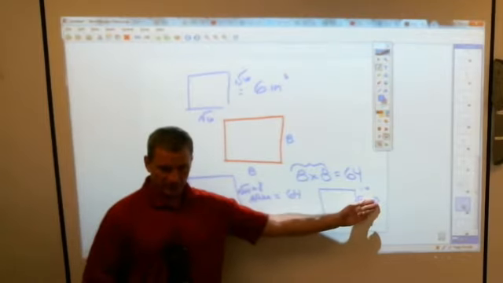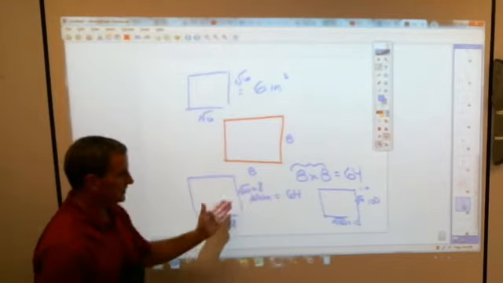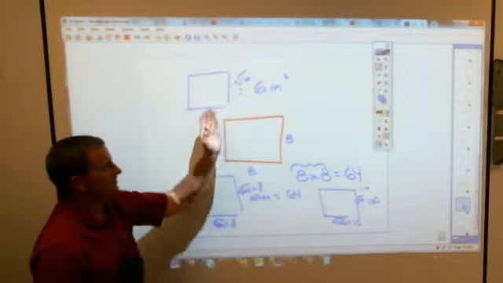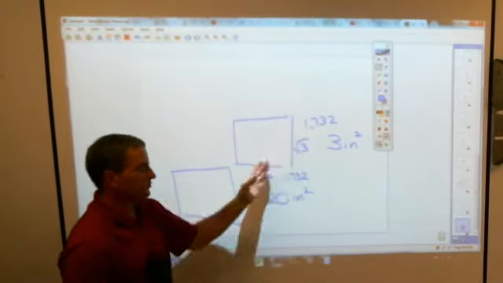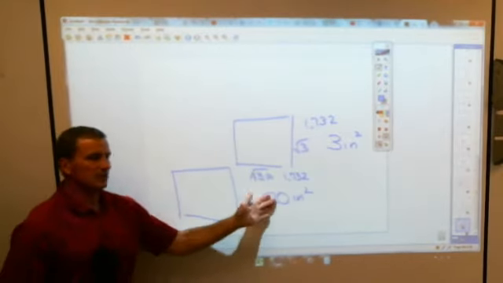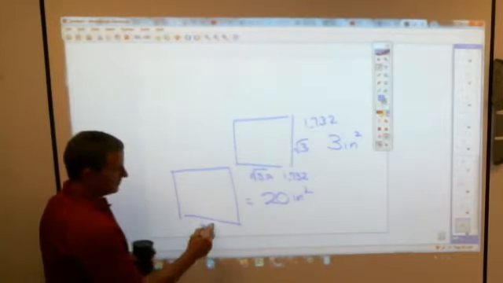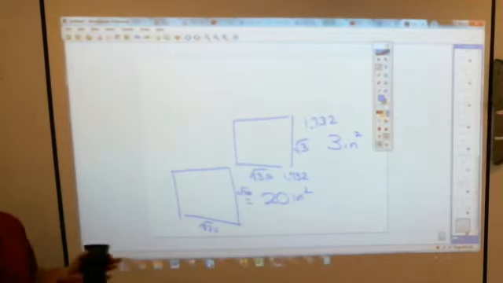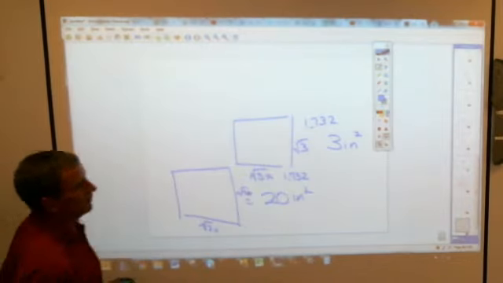Here my area was 100, so each side was the square root of 100. Here my area was 64, so each side was the square root of 64. Here my area was 6, so each side was the square root of 6. Here my area was 3, so each side was the square root of 3. So here if my area is 20, each side would have to be the square root of 20. That's it, ladies and gentlemen. Again, the square root of 20 doesn't work out evenly, but you could guess it's between 4 and 5.